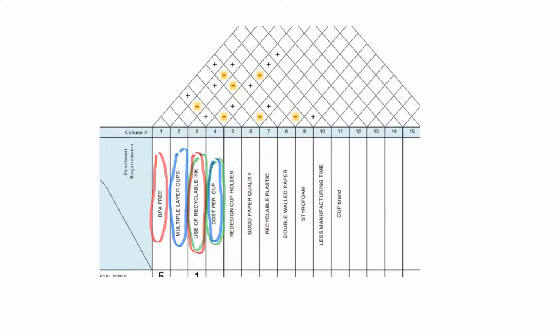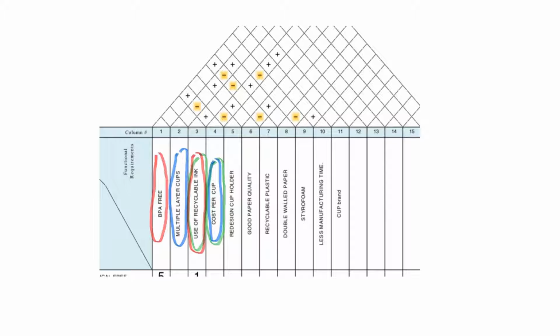As we look into the third column, the green circle, the use of recyclable ink has a positive impact on cost per cup, because recyclable ink reduces the cost as government provides subsidies for practicing those methods. So we can reduce the cost as well.